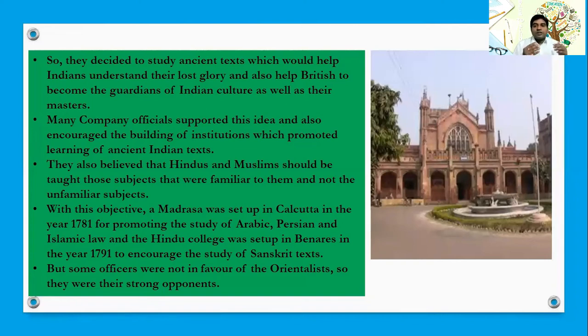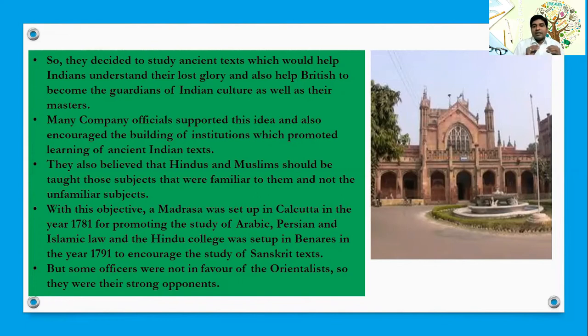So with the objective of educating Hindus and Muslims in the subjects they are familiar with, they set up the madrasa in Calcutta in the 1780s to study Arabic, Persian, and Islamic law, and similarly established the Hindu College at Benares in 1791 to encourage the study of Sanskrit texts.